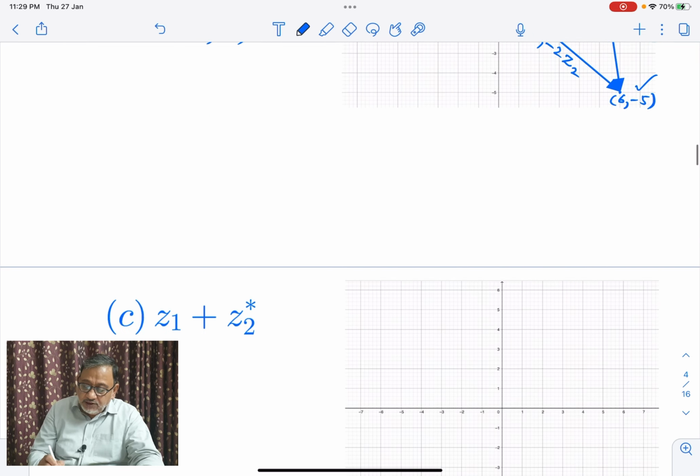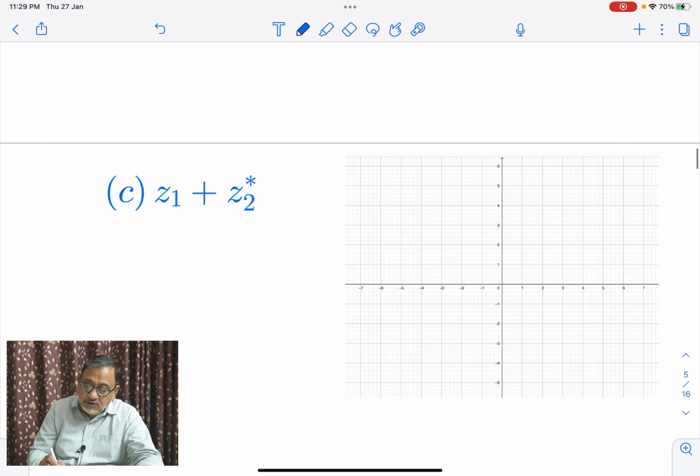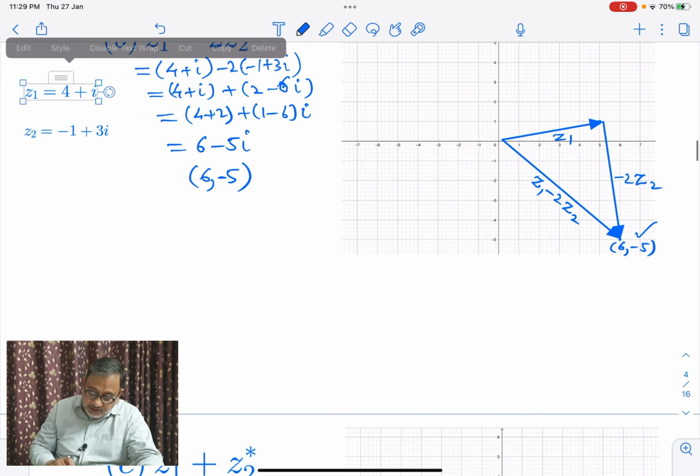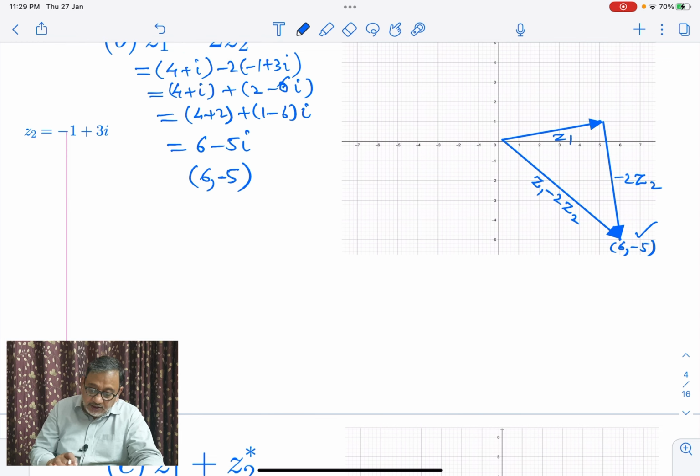So z1 plus z2 conjugate. Should I leave it for you, or should I show? Let me show this also. Look here, again I have these two complex numbers. Let me bring them here so that they are ready with us.